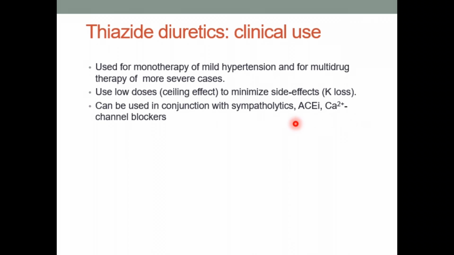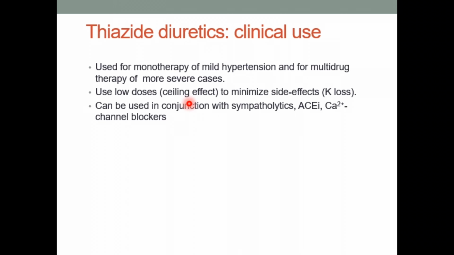Clinical use: thiazides are used as monotherapy, meaning a single drug, especially for those who need to be started on treatment for mild hypertension, and it can also be combined with other medication for more severe cases. Thiazide is used at low doses because studies have shown that at high doses, there is no increase in the effectiveness in lowering the BP.